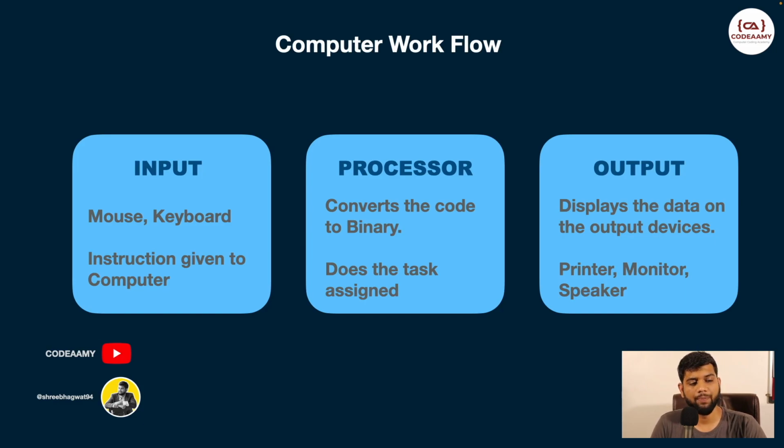Now what are output devices? It can be a printer or a screen or speakers. Let's say you are getting audio from a computer. That is how it works. So first the data is given to the computer, which converts the human readable format into machine code which the computer can understand, processes the task that the human has mentioned, and then again converts the machine code into a human readable format and displays that data onto the screen or the output devices.